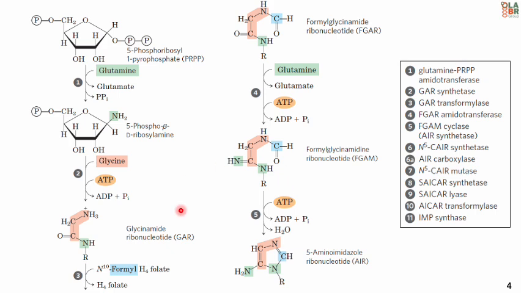Something that's important too that we want to highlight is that the transition from this molecule, FGAM, to AIR, with the input of ATP, closes the ring structure and gives us that imidazole group that we're constantly seeing over and over again.